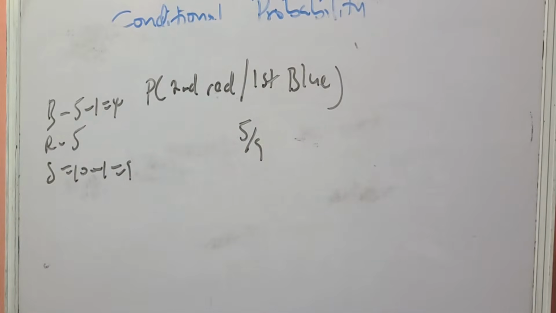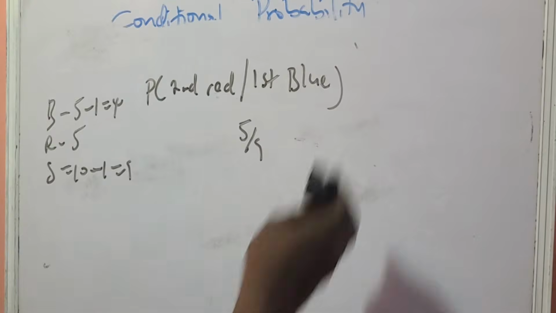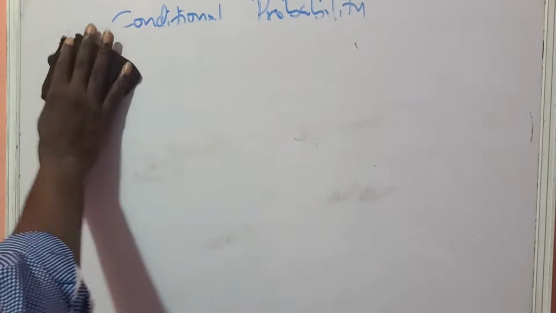And the last but not the least for the night, from 7 red and 5 green balls, 2 are drawn. Find the probability that the second is green, given that the first was green.